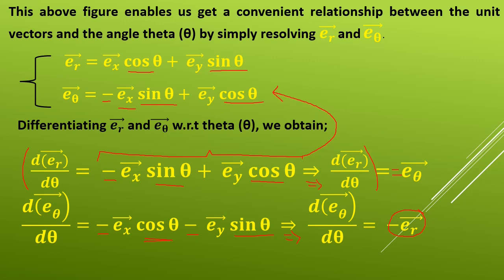It is actually equal to negative ER because if you factor out your negative sign here, you are going to obtain EX cos theta plus EY sin theta, which is equal to ER. So this expression is actually equal to ER, and you attach a negative sign.